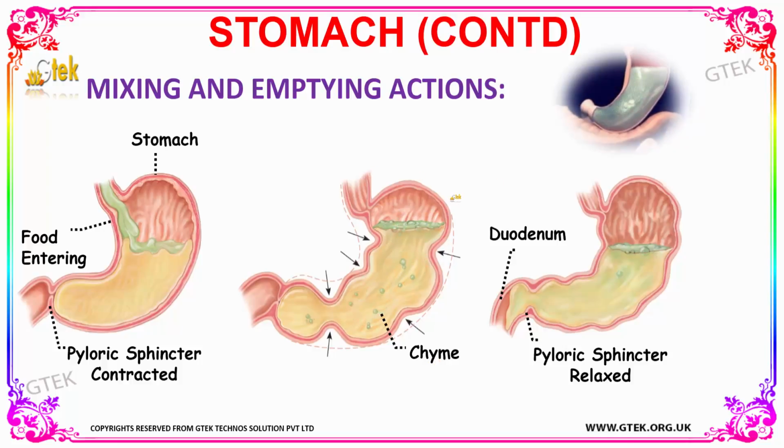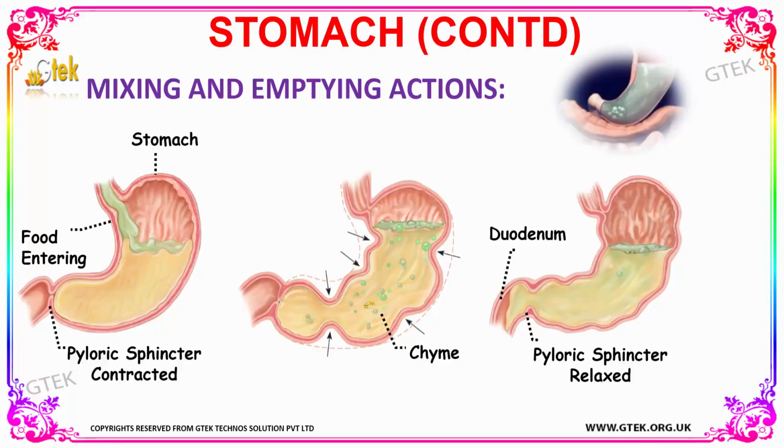So here you can see how the mixing and the emptying actions are done in your stomach. Initially your food is entering over here, after which your pyloric sphincter is contracted in order to keep your food from moving into your duodenum.